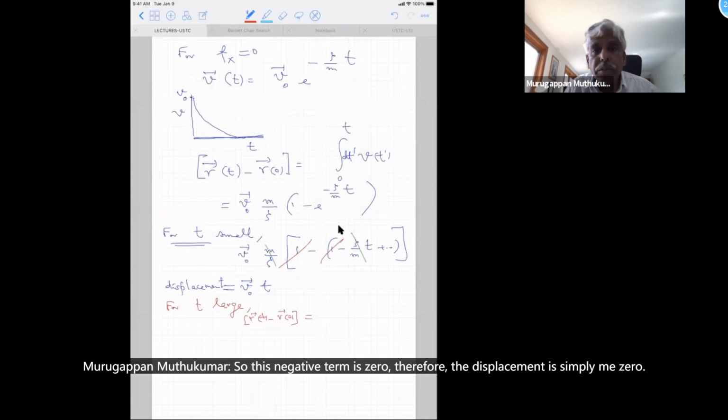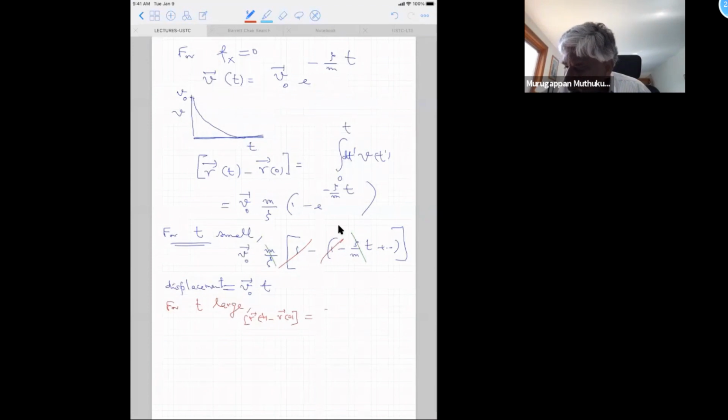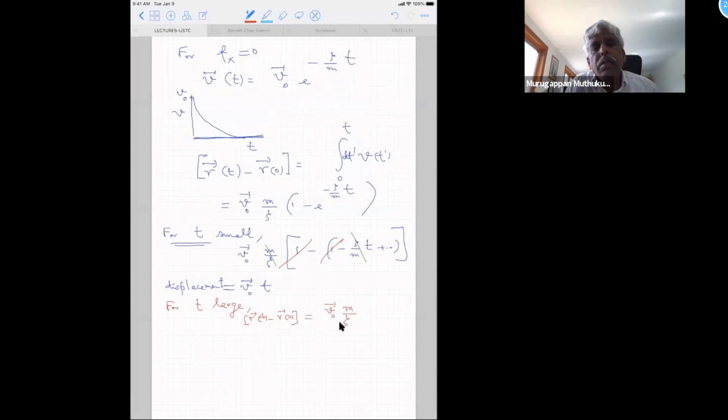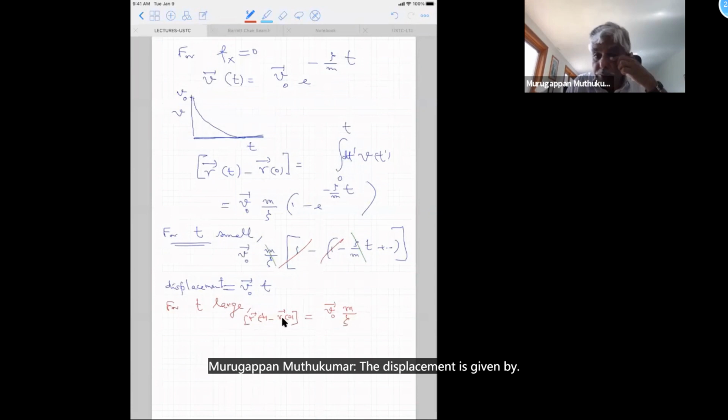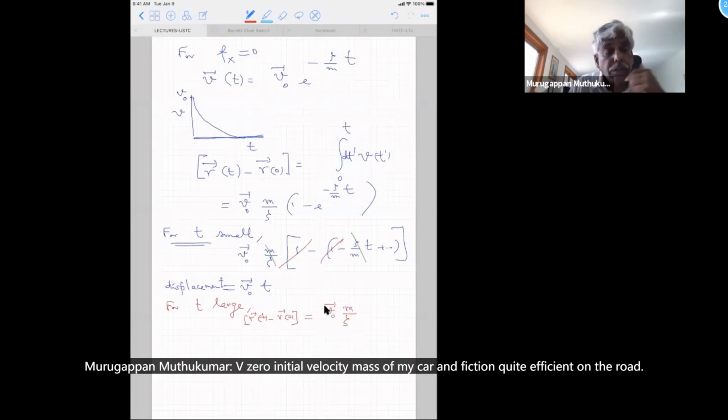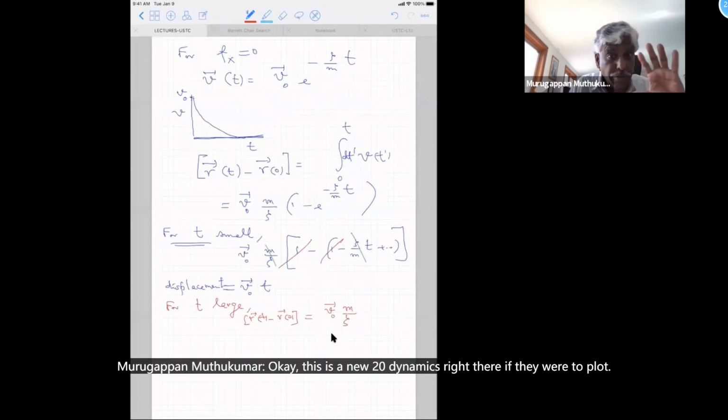Therefore the displacement is simply v0 times m divided by zeta. There is no time dependence here. For large enough t, the displacement is given by v0, the initial velocity, the mass of my car, and the friction coefficient on the road. This is Newtonian dynamics.